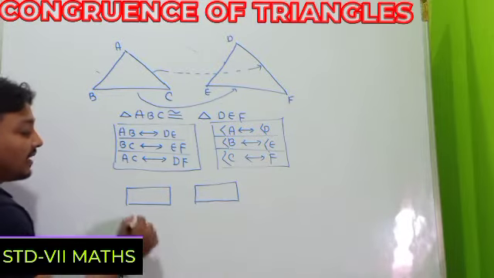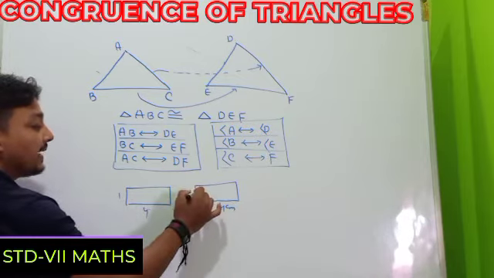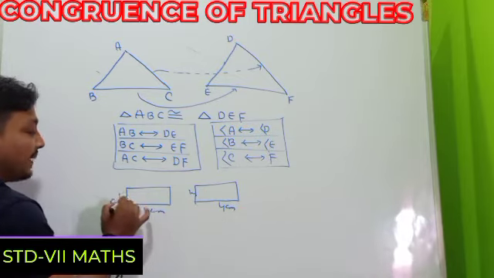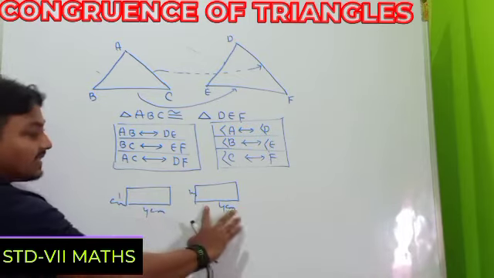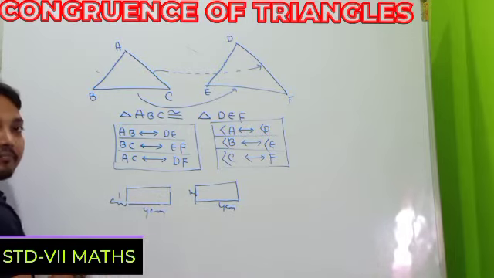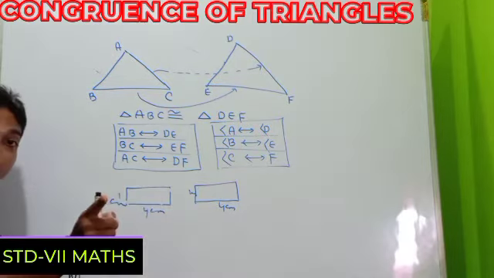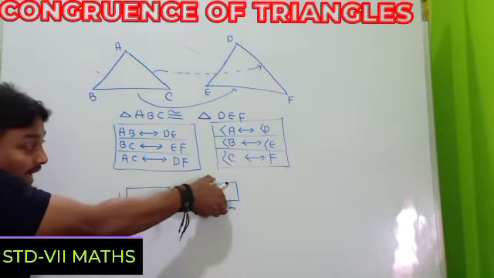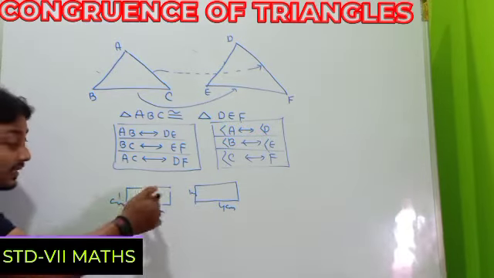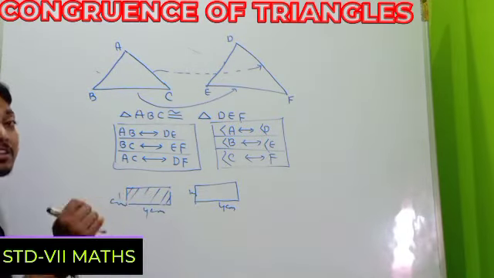Here it is 4 centimeter, here 1 centimeter, 4 centimeter, 1 centimeter. See, this side same, this side same, angle also same. Whenever I keep it over this one and it covers completely, I can call it congruent.